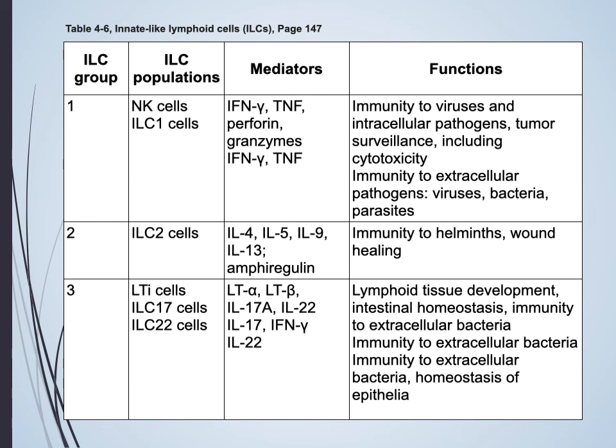Okay, so are different groups. And the way they're generally grouped is by their function. So our group 2, or our innate lymphoid cell 2, they're going to provide immunity against helminths or parasitic worms, and also with wound healing. And again, the cytokine profile would be unique to those.